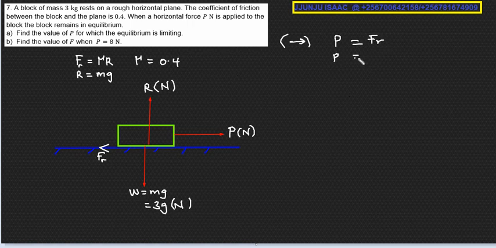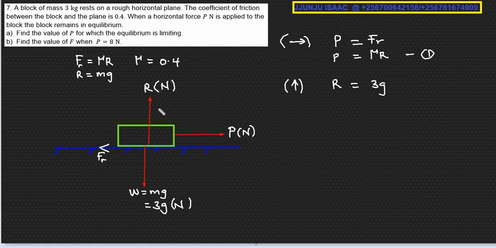So our P is going to be, friction is given by coefficient of friction times the normal reaction. That is equation 1. Then vertically, the weight of the block is going to be balanced by the normal reaction. So R is going to be equal to mg, which is 3g newtons.